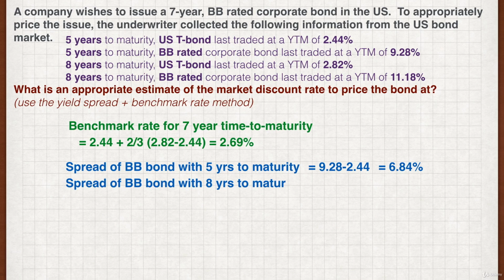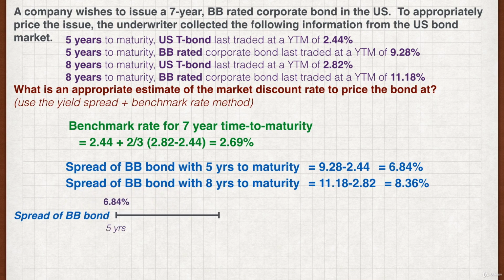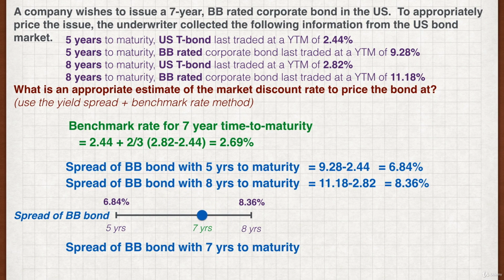We do this by subtracting the yield of the UST bond from their yields. So we have a 5-year BB bond with a spread of 6.84% and an 8-year BB bond with a spread of 8.36%. Again, interpolating between the two, we estimate that the spread of a BB bond with 7 years to maturity is 7.85%.